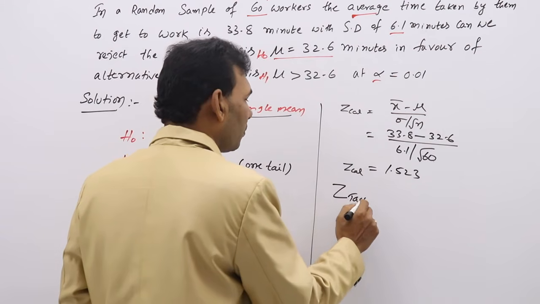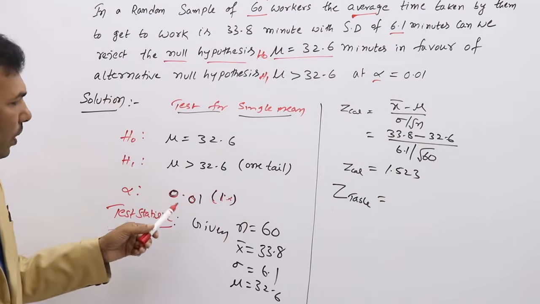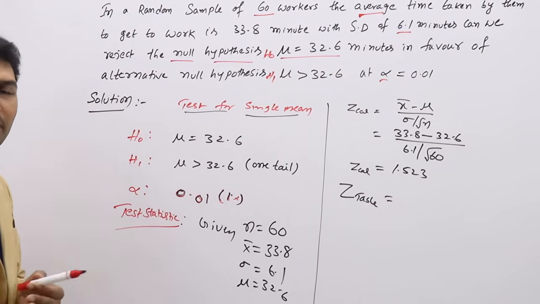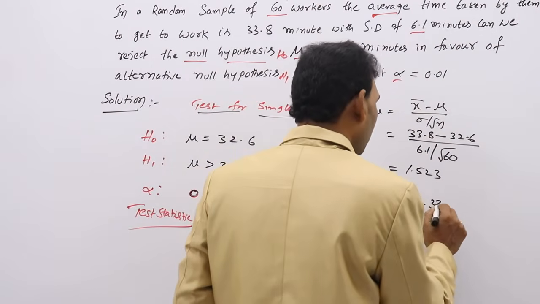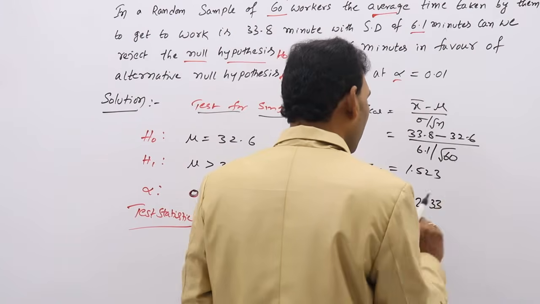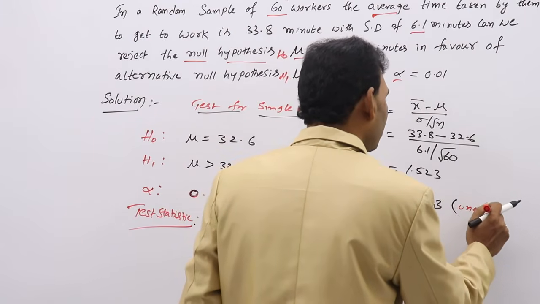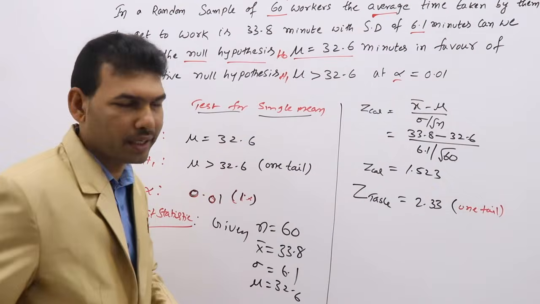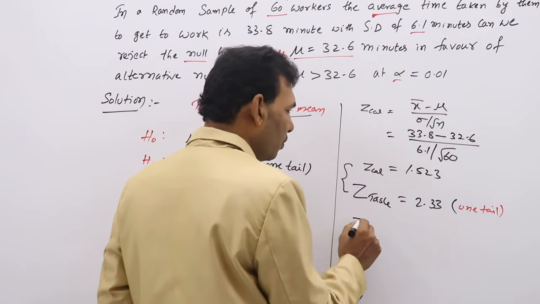Now write the Z table value. Z table for one tail 1%: in one tail, even though it is 1%, you will double alpha, so write the 2% value. The 2% value is 2.33 because the test is one tail. If it is two tail, we may take 2.58. Now compare these two.